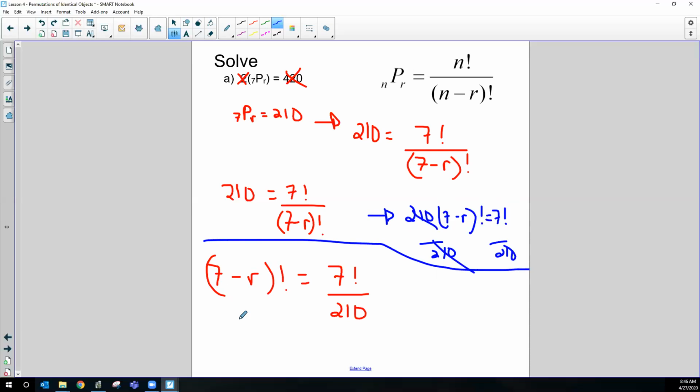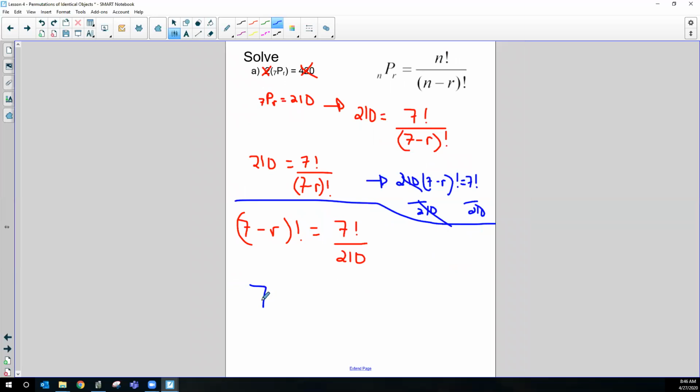You can just do 7 factorial in your calculator and divide it by 210. So (7 minus R) factorial is equal to 24.